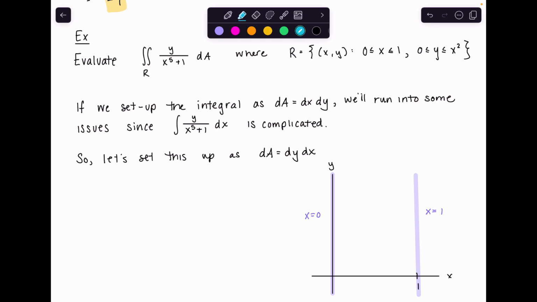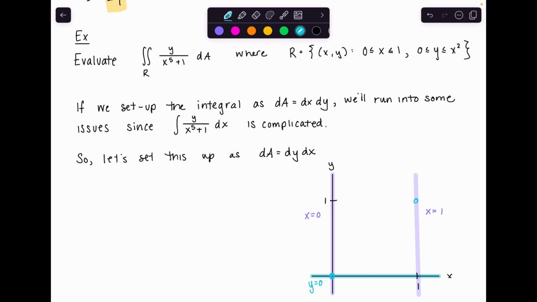Then when I go through and do these bounds, the first one is y equals 0, which is the x-axis. And then my other bound is y equals x squared, which is a parabola. It goes through 0, 0, and if I plug in x equals 1, my y value will also be 1.